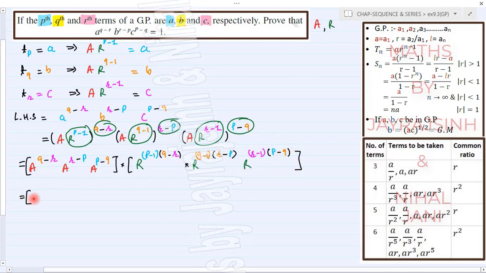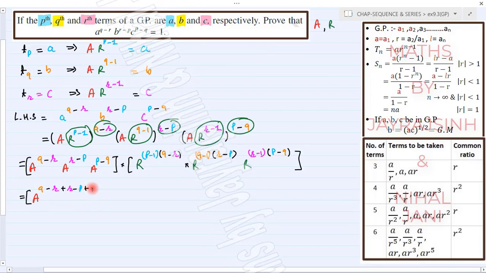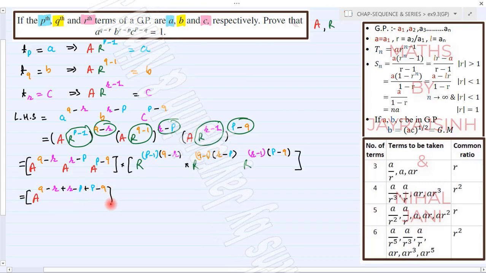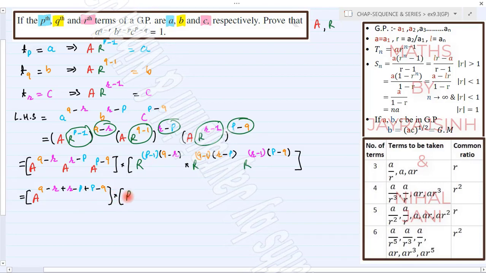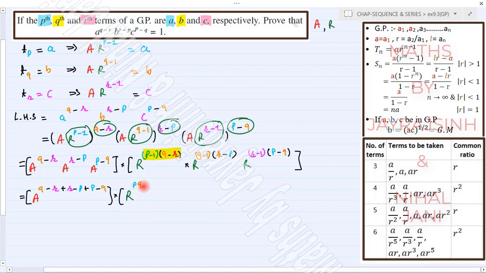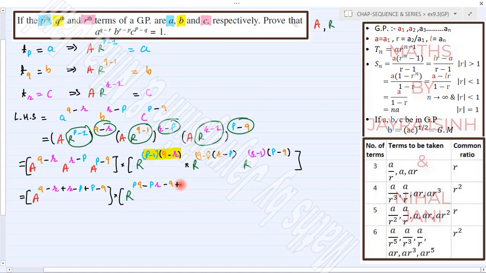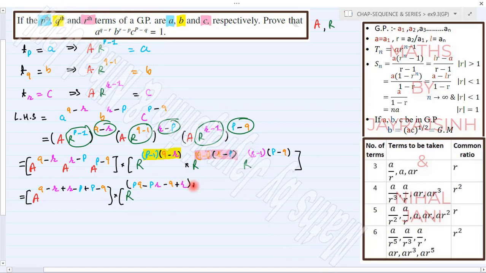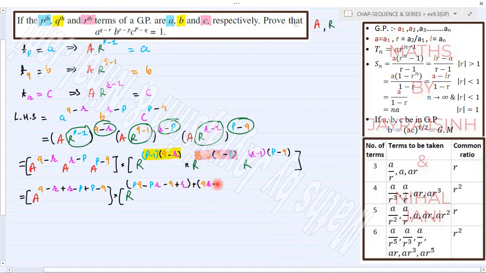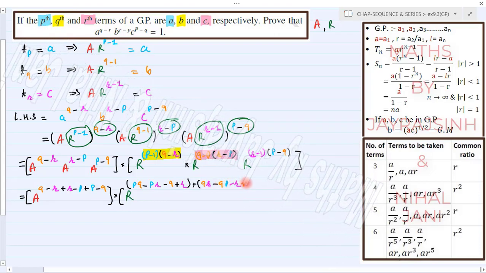In further simplification, we will get A raised to q minus r plus r minus p plus p minus q. And R raised to, if we multiply the brackets, we'll get pq minus pr minus q plus r. Then from the second term, we'll get qr minus qp, then minus r plus p.